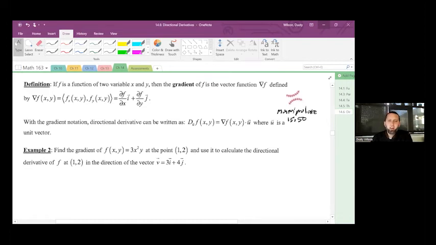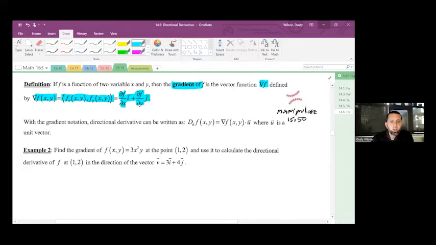Definition. If f is a function of two variables, x and y, then the gradient of f is the vector function del f defined by del f, or gradient of f at x, y, equal to the vector partial derivative of f with respect to x at x, y, comma, partial derivative of f with respect to y at x, y, or if you will, partial derivative of f with respect to x times the i vector plus partial derivative of f with respect to y times the j vector.